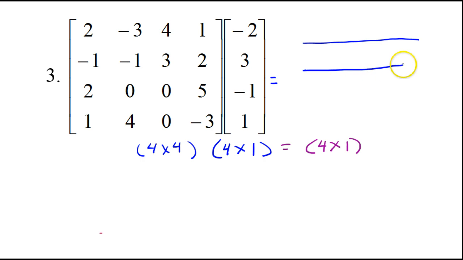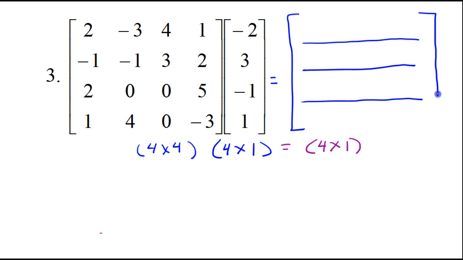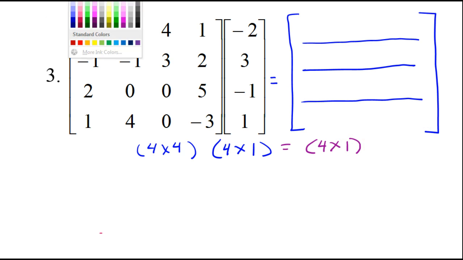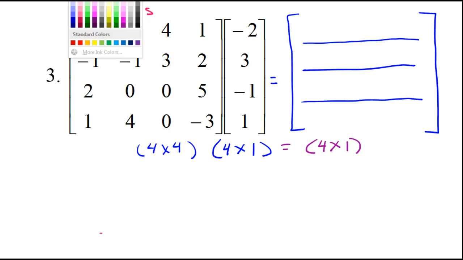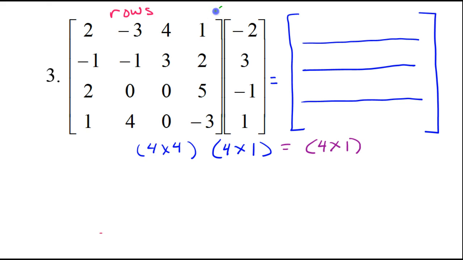So this will be the setup for my empty matrix. Now, remember the rows come from the first matrix, whereas the column will come from the second matrix.